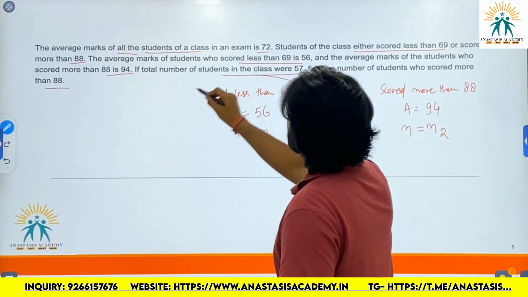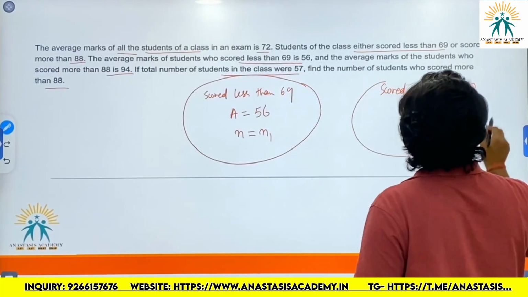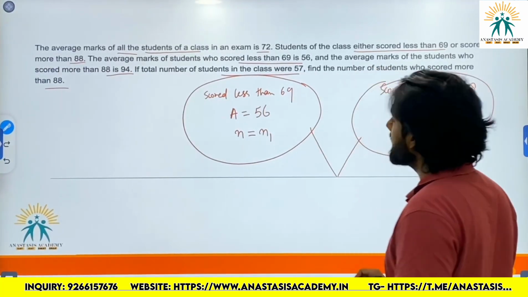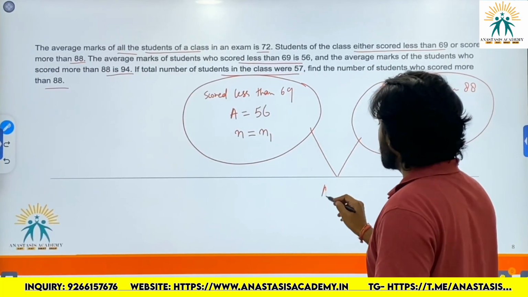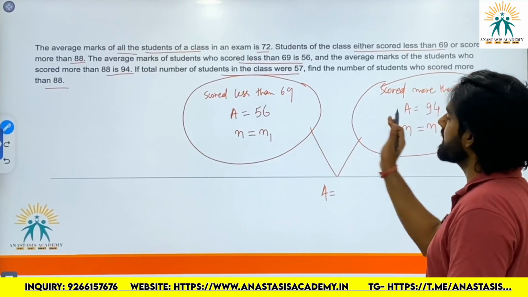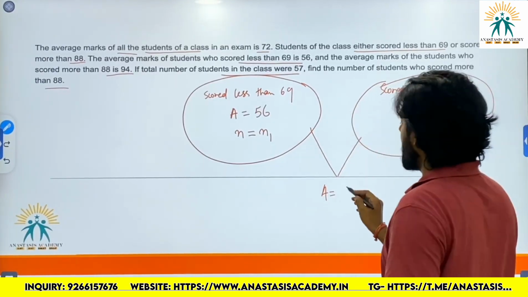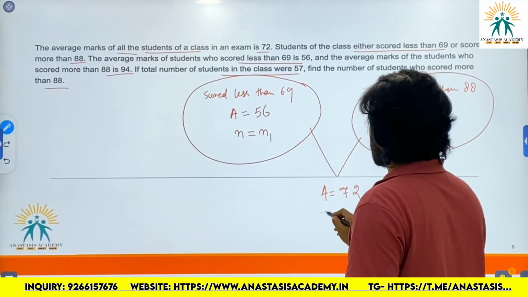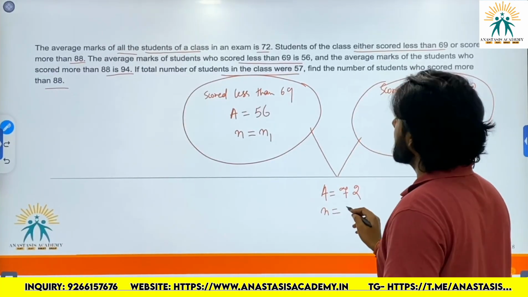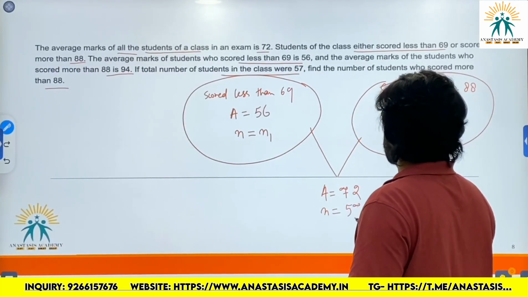But when these two lots are mixed, that is in this class, I am getting the final or resultant average by mixing these two lots as 72, and the total number of students in this class is 57.